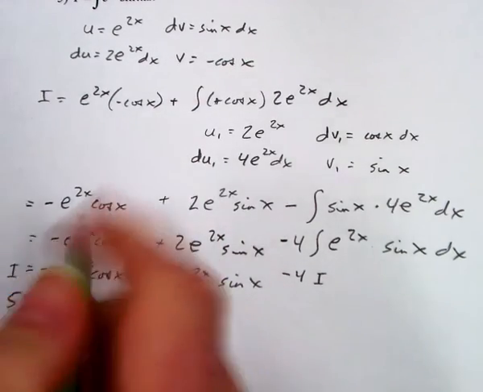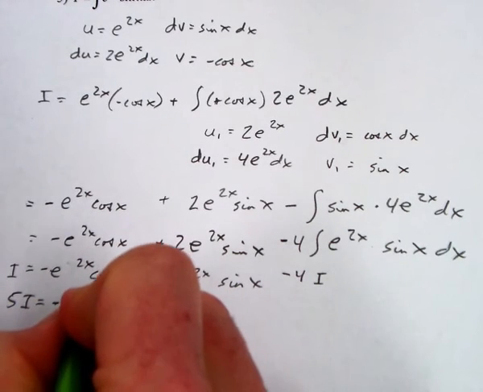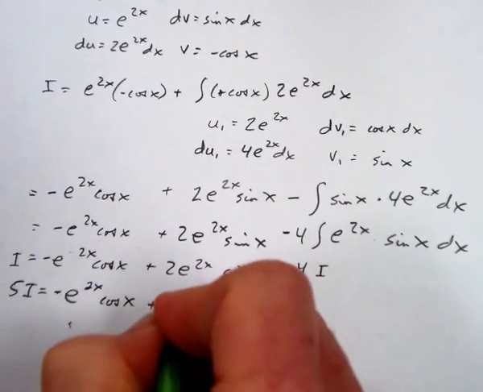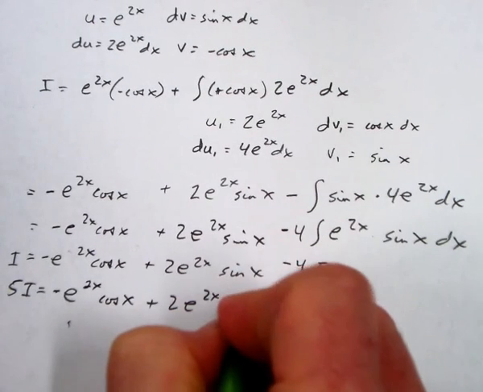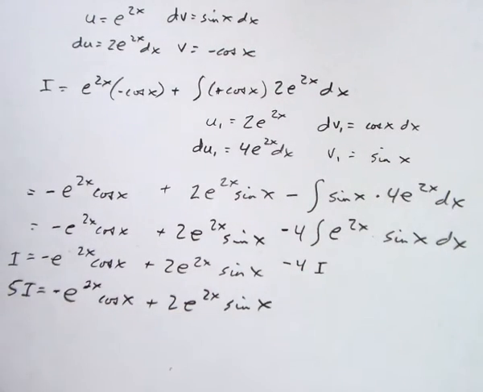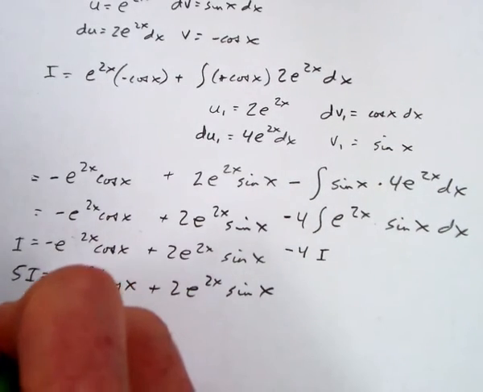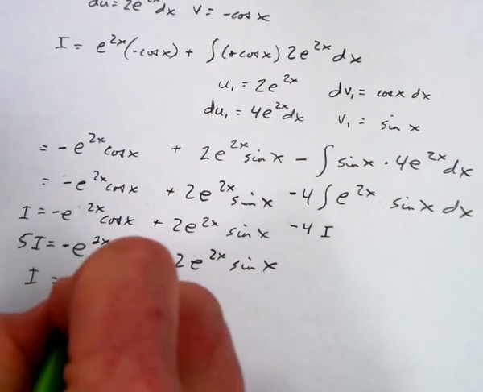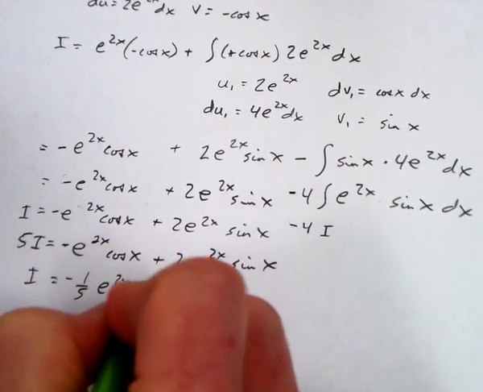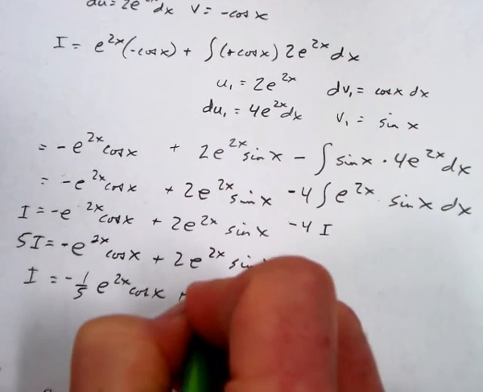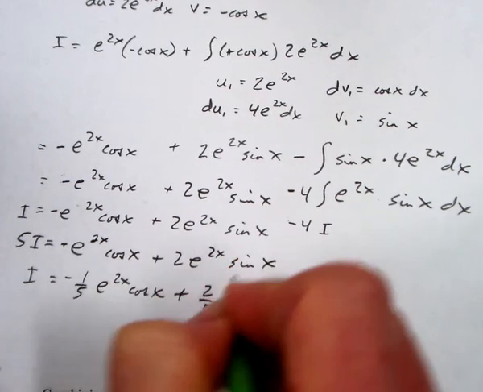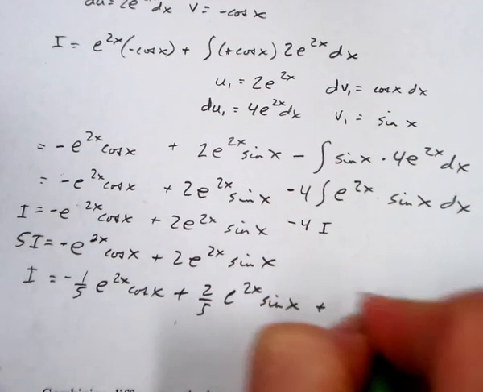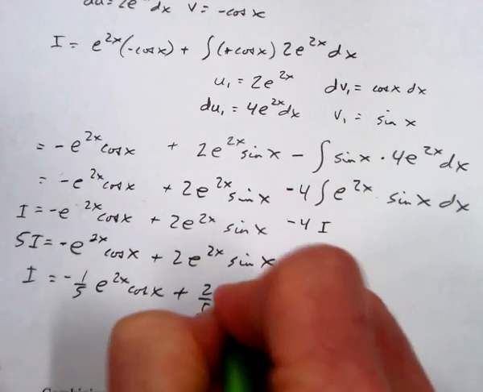That's negative e to the 2x cosine x plus 2e to the 2x sine x. Divide by 5. So I equals negative 1/5 e to the 2x cosine x plus 2/5 e to the 2x sine x plus our constant c.